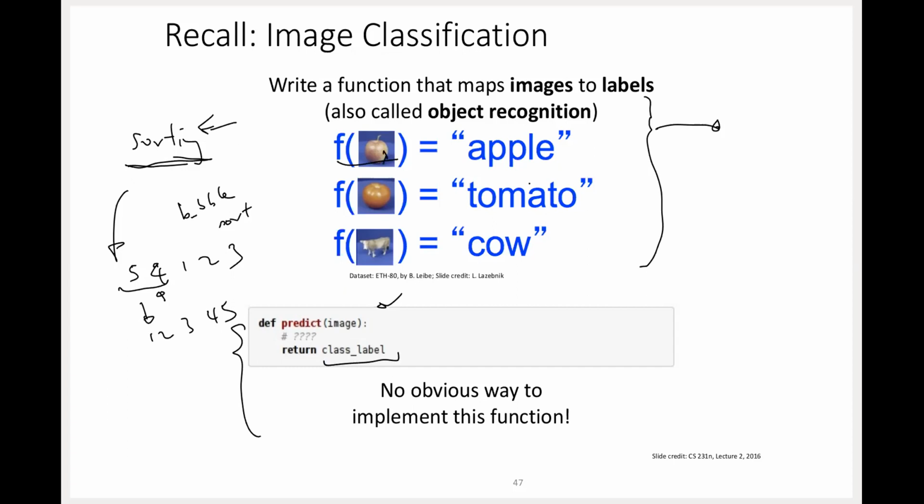Now it becomes very not obvious how we are able to do that, right? How can I really write the program to decide that, okay, this is an apple? Maybe I need some kind of subfunction to say I should find a circle here, but then it's still not clear, right? Maybe I have two or three apples here, one occluding another.